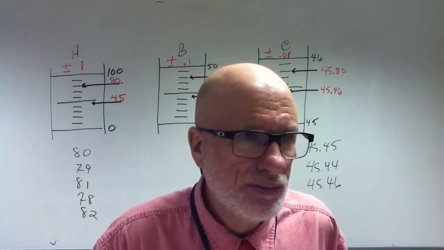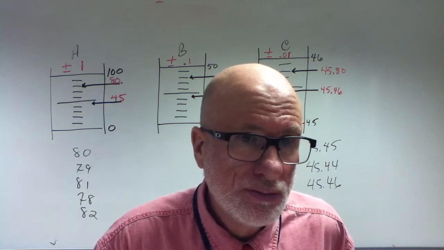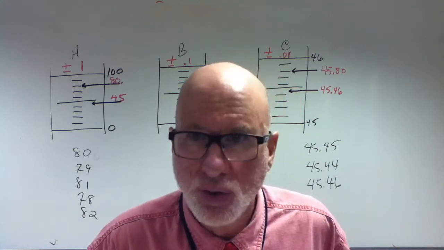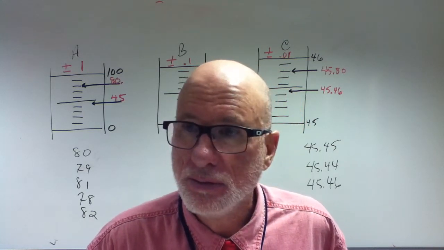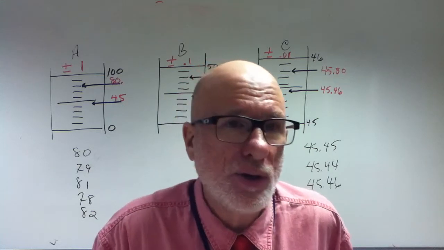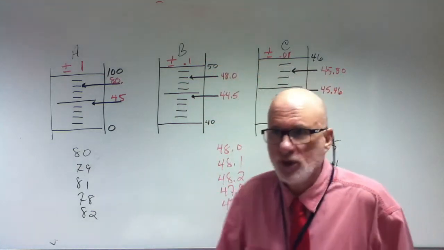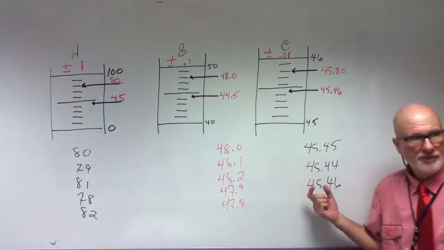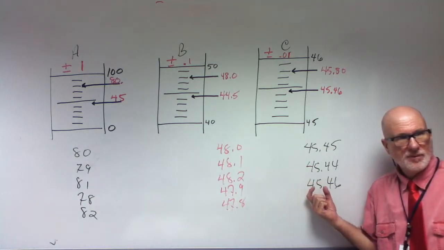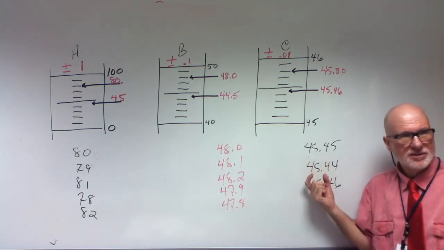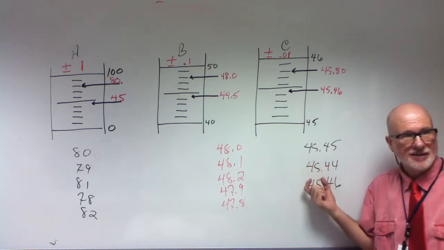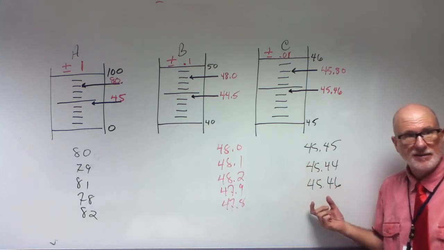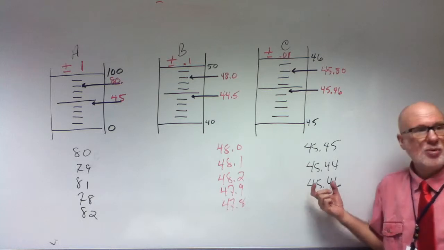Do you? What do you have to do? Which one do you think is going to have the least difference between any two bits of data or among all of the data? C, and why?